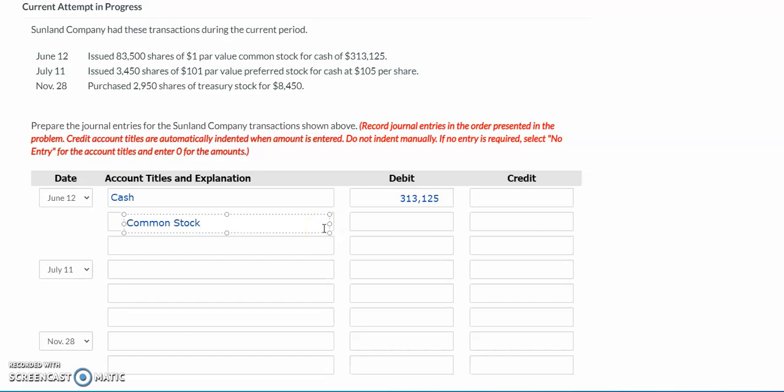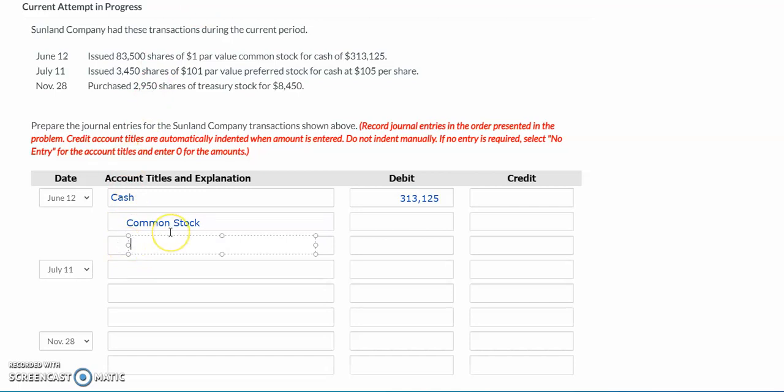So we're going to have the common stock, the dollar amount that is issued at the par value or the stated value in one line item, and the additional amount that is provided that is above the par value or stated value is referred to as paid in capital in excess of par value. So we need to split up our common stock into these two specific accounts.